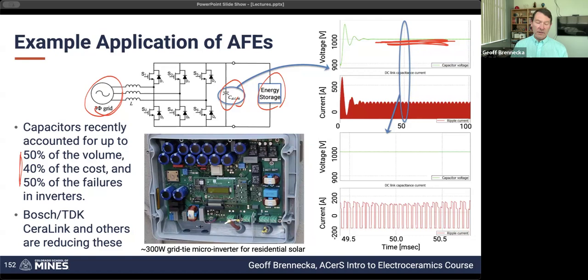The reason I'm bringing this up now is that at the time it was Bosch, and then it was acquired by TDK, that developed an antiferroelectric-based capacitor that helped with this a lot.